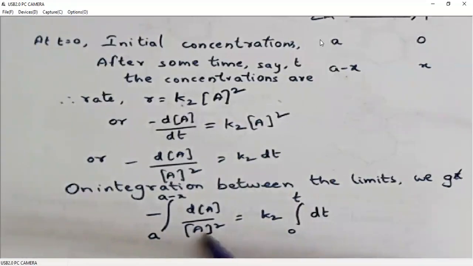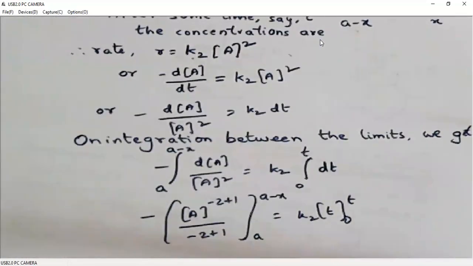So here if you make it numerator, it becomes A power minus 2. So the integration is A power minus 2 plus 1 by minus 2 plus 1 between the limits A to A minus X is equal to K2 into t between the limits 0 to t.